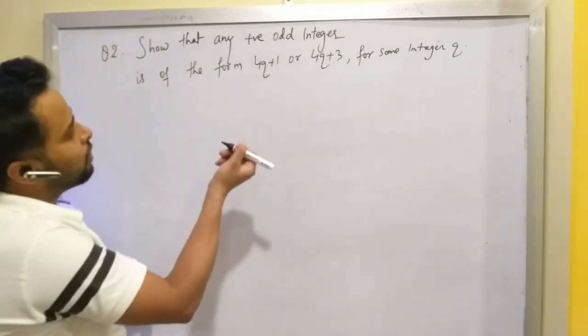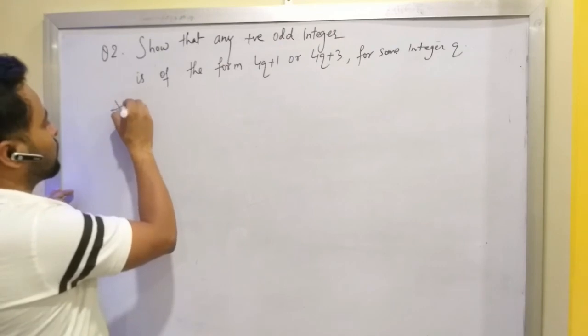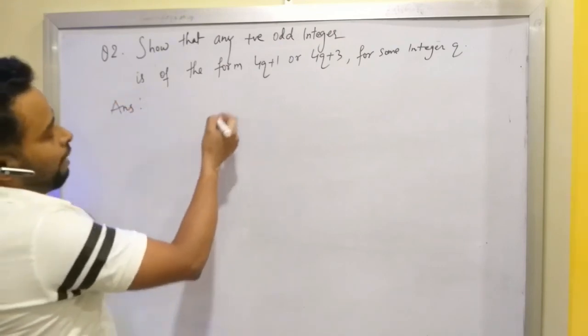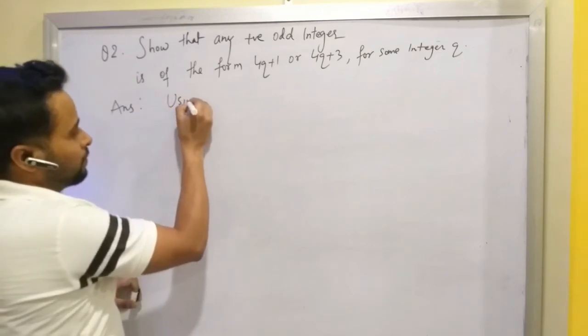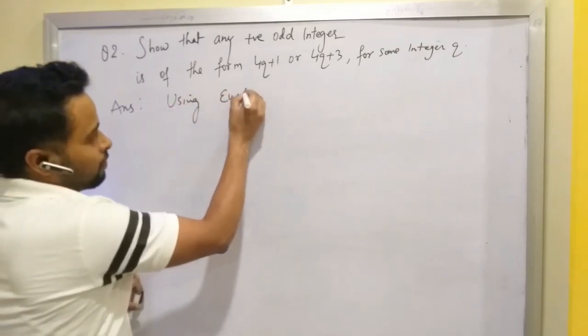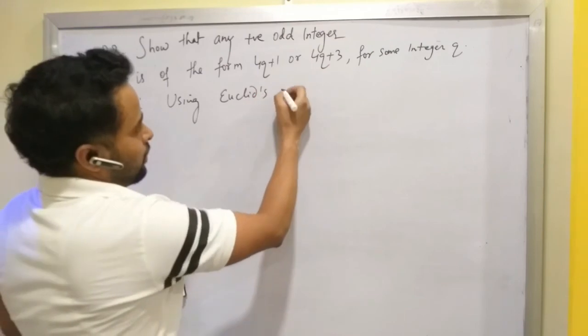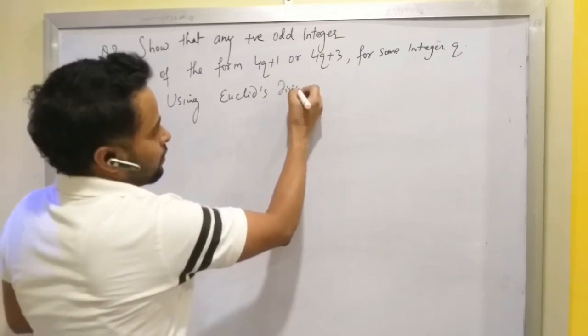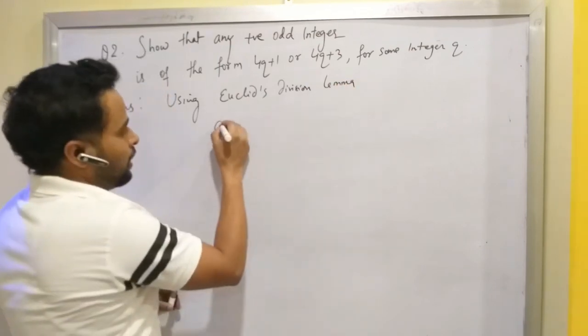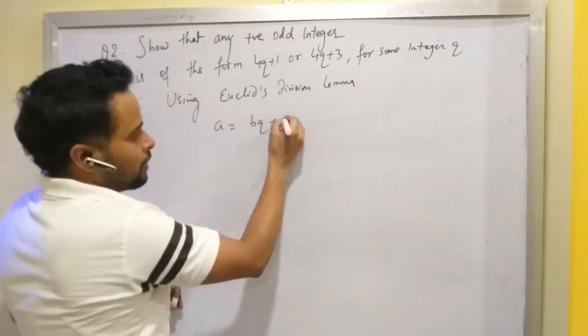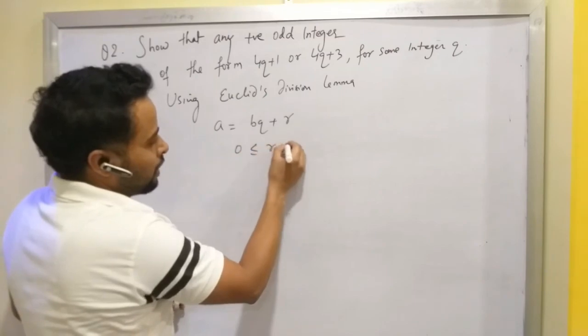So first of all, let us start with: it is given that a equals 4q plus 1, using Euclid division lemma: a equals bq plus r, 0 is less than or equal to r less than b.